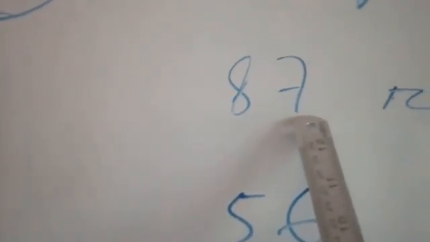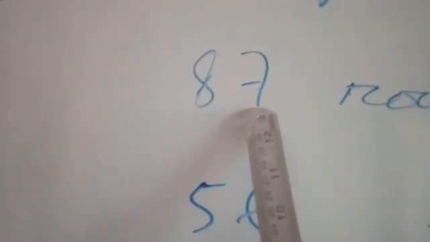But if it is less than 5, then we will not add anything, but in the unit place we will put a 0. Look, this number is 7, so it is more than 5, that's why we will add 1. So 8 plus 1 is 9. And in the place of 7, we will put a 0. So 9 and a 0 gives you 90. So when we round the number 87, we get the answer 90.